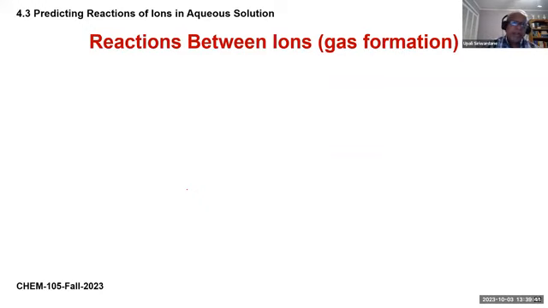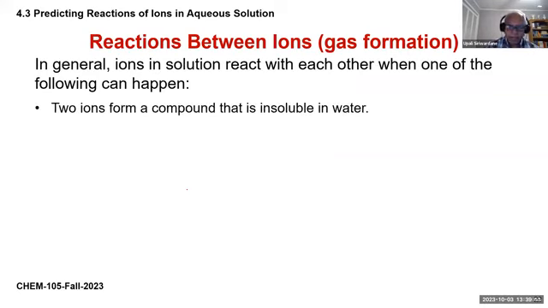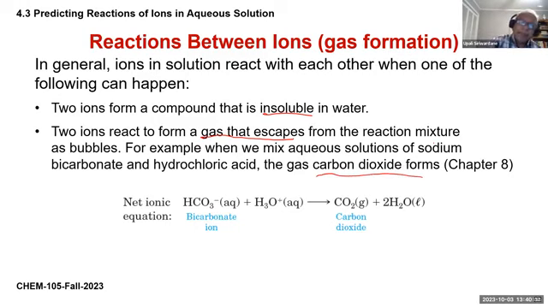So we're going to talk a little bit about gas formation reactions. When ionic solutions react with each other, one of the following things can happen. It can form an insoluble compound in water, a precipitation reaction. It can also produce a gas that escapes from the mixture, like the equation we balanced in the last slide, the first equation, a gas formation reaction. Carbon dioxide forms, and that drives the reaction to the product side. For example, this is the sodium bicarbonate net ionic equation.